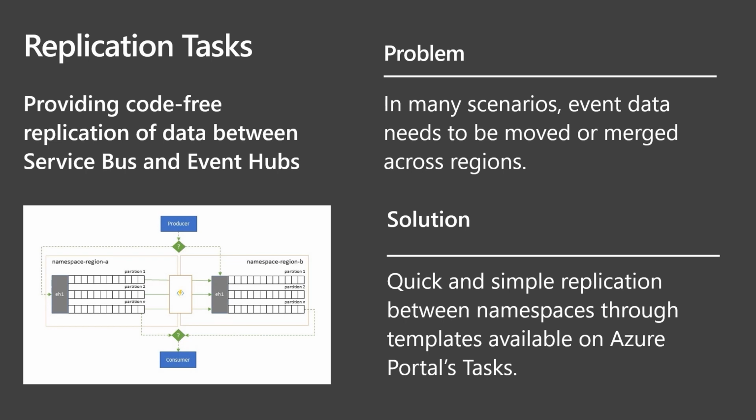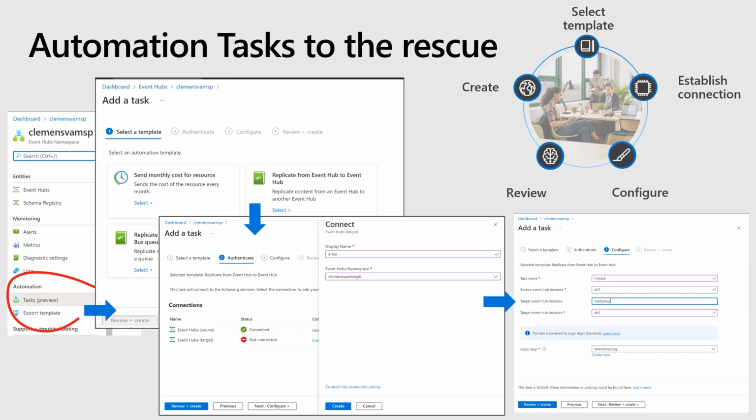So we teamed up with the Logic Apps team, which built an automation task. If you go on the portal on an event hub, you will find a tasks preview panel. Then you can add a task to an event hub. For instance, you can replicate from an event hub to an event hub.